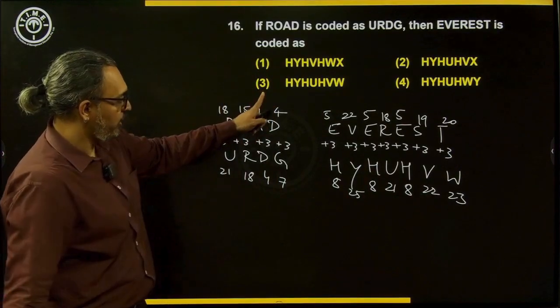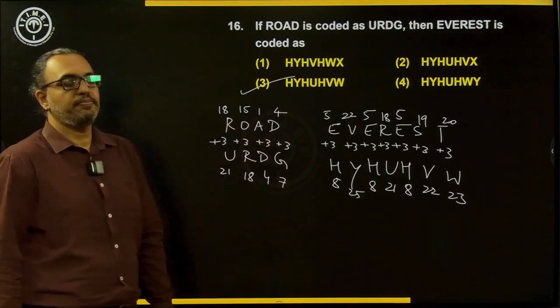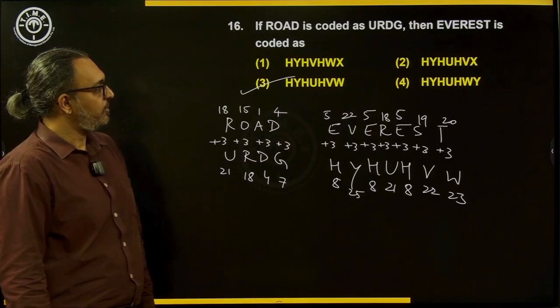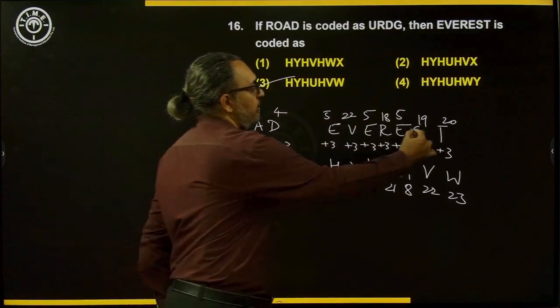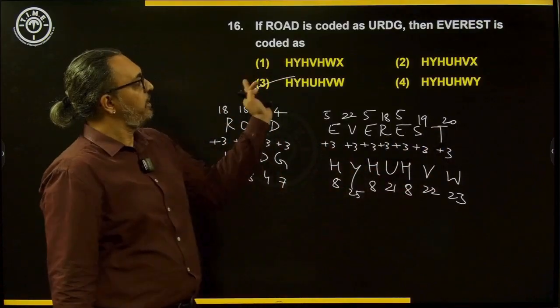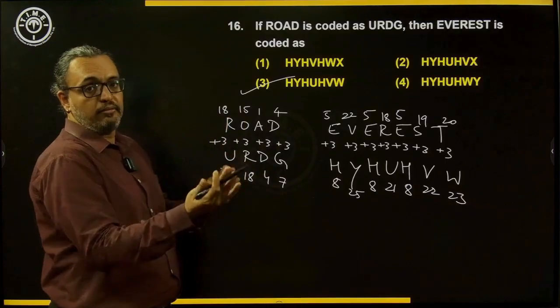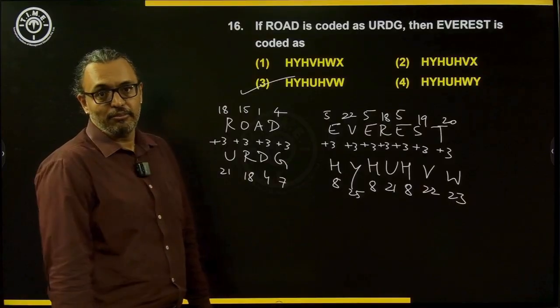So which is HY, HU, HVW. Yeah, third option. Based on the options, you can see which of them to verify. You can check first and last. But first we need to know what the logic is. Then you can pick and choose which to check. You cannot do it in a random way.